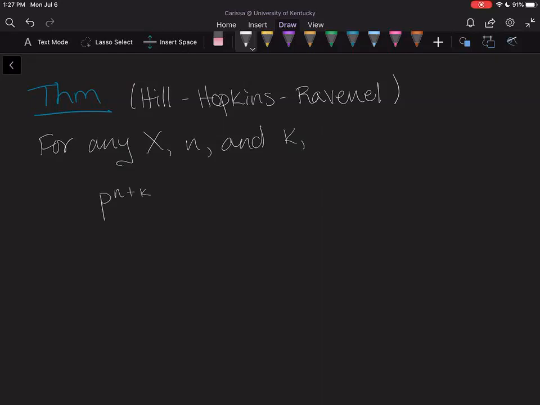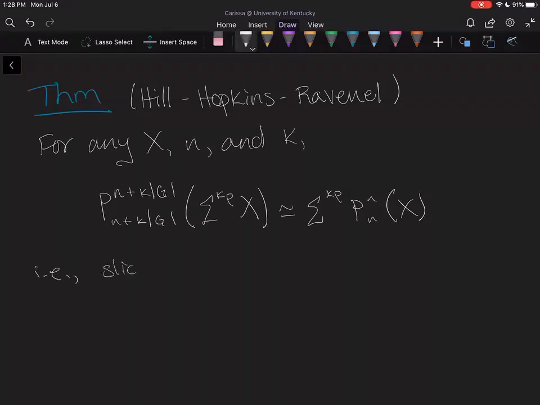The slice of dimension n plus k times the order of g of the k rho suspension of x is homotopic to the k rho suspension of the slice of dimension n of x, which just means that the slice filtration commutes with suspension by the regular representation.